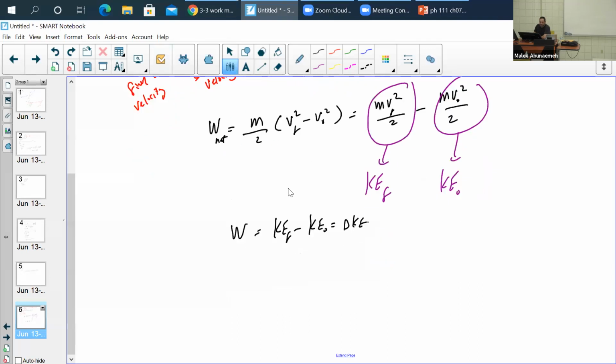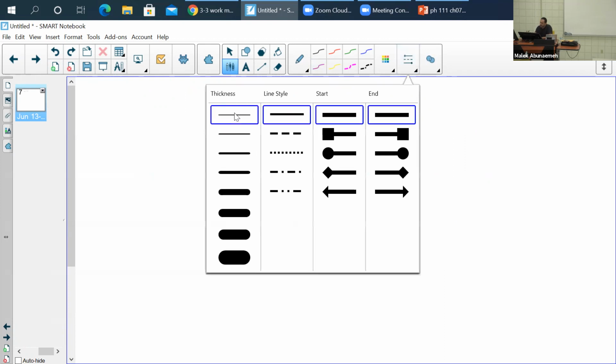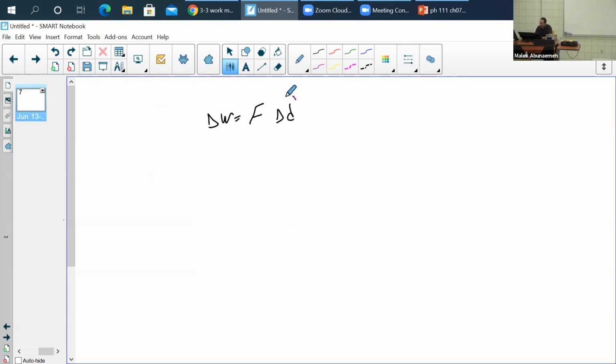Now, if you look at it from a broader view, your change in work is your force multiplied by your change of distance. But because we're going to be doing derivatives, I'm going to call this delta x, which is the same thing, displacement or distance. So let me follow your book a little bit.